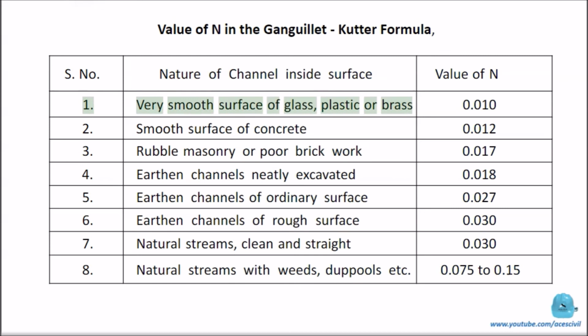Very smooth surface of glass, plastic, or brass, 0.010. 2. Smooth surface of concrete, 0.012. 3. Rubble masonry or poor brick work, 0.017. 4.